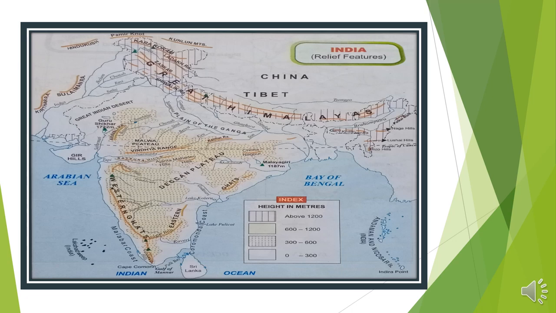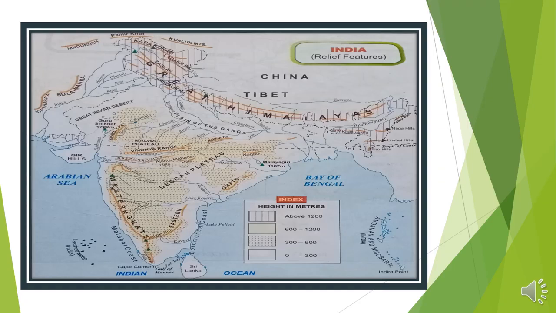In India the Thar desert is the largest desert. In the desert area the climate is very dry with very little rainfall, so this area is covered with sparse vegetation, and sand dunes are also found in the Great Indian Desert.